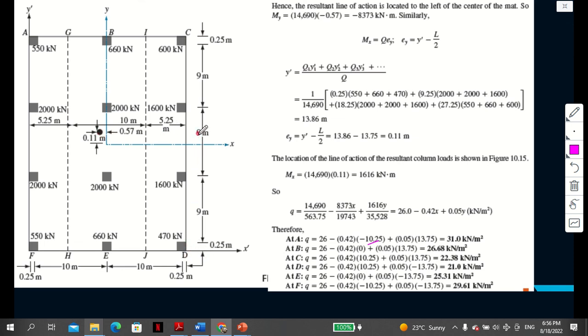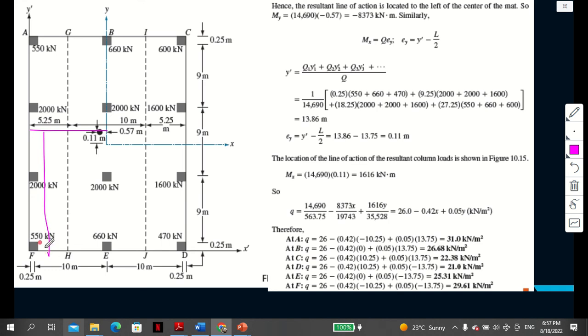you can locate because this is already up here. 0.11 plus some length. So that's 13. So anyway, the y is this one. And no, not that. The centroid to the point you're considering.